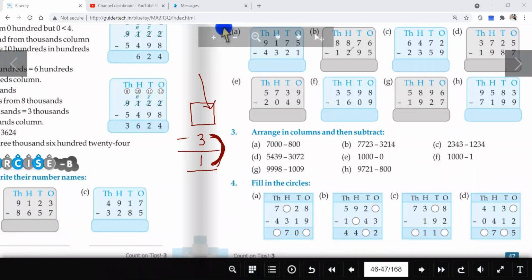So if we add 3 and 1, it is becoming 4, right? So to find out the big number, what we are actually doing is small number plus answer, right?